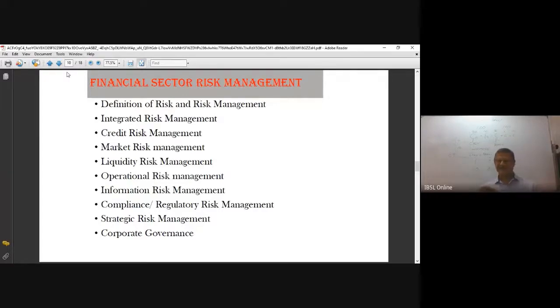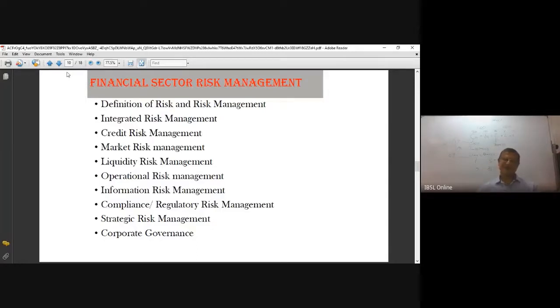We are going to deal with this: what these compliances are and how you manage them, under compliance risk. Strategic risk relates to your customers, your competitors, how you deal with your strategic decisions, and that also needs management supervision. We call it strategic risk management.